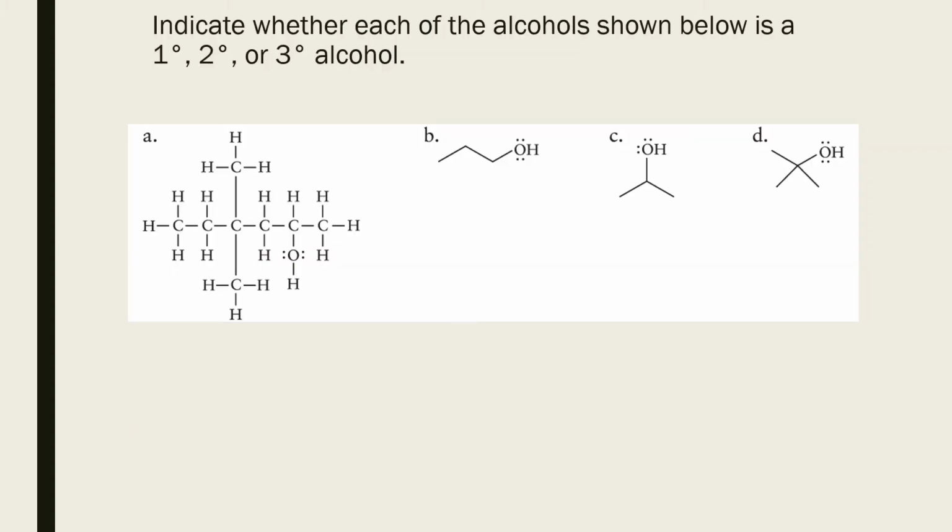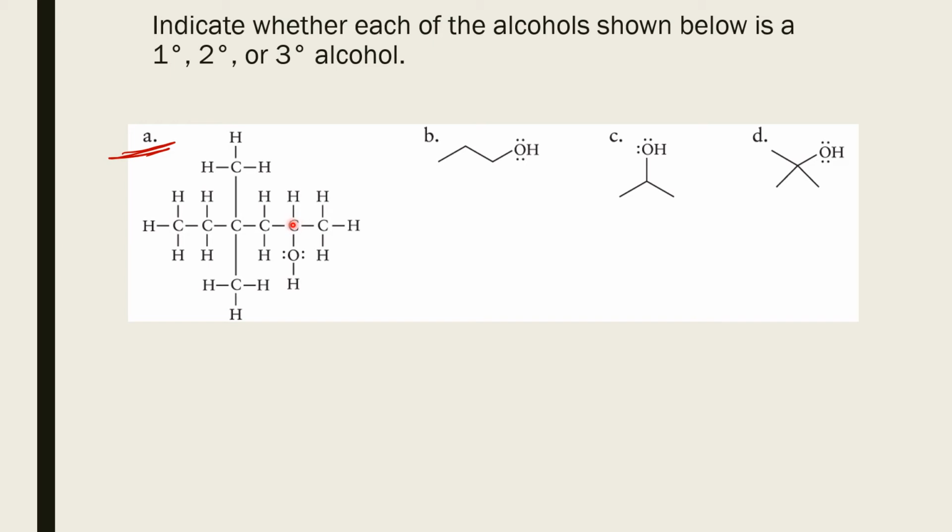Let's identify if these examples of alcohols fall under the category of primary, secondary, or tertiary alcohols. So let's take a look at first example. So in this case, the carbon atom which contains the OH group, so that's the number two carbon atom from the right. So now we need to look at this carbon connected to how many more carbons.